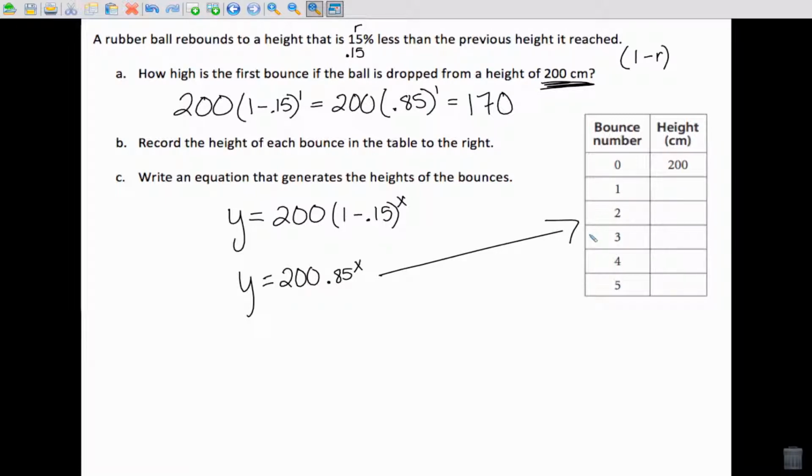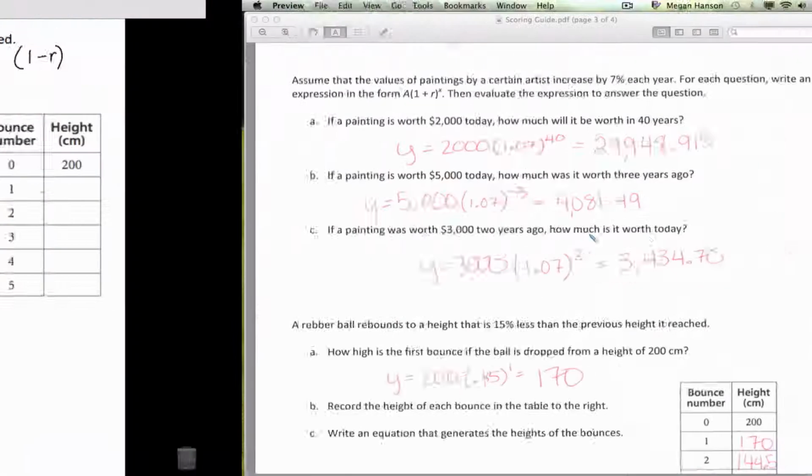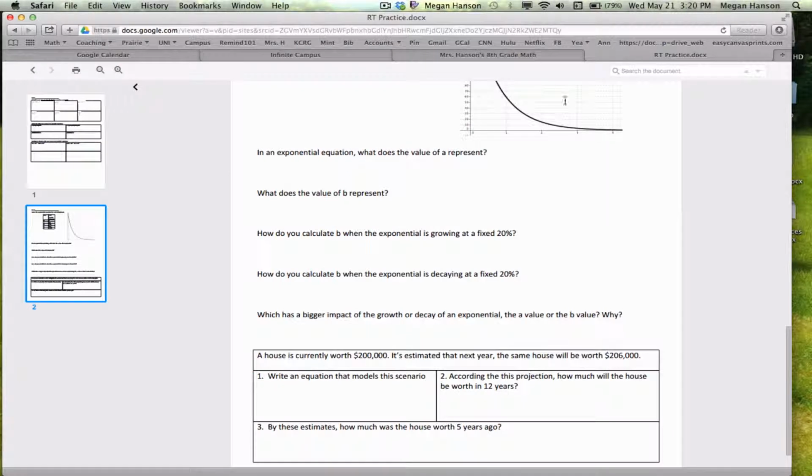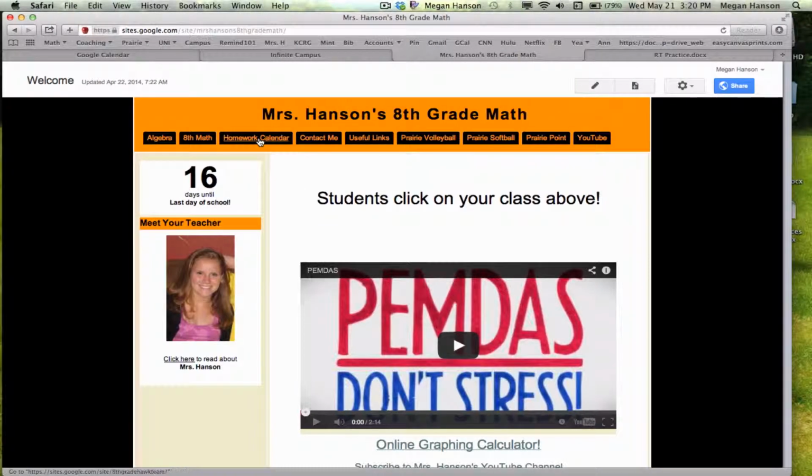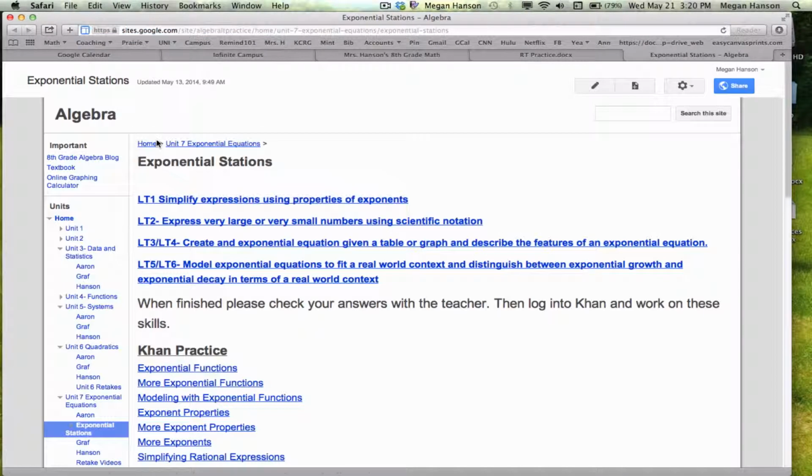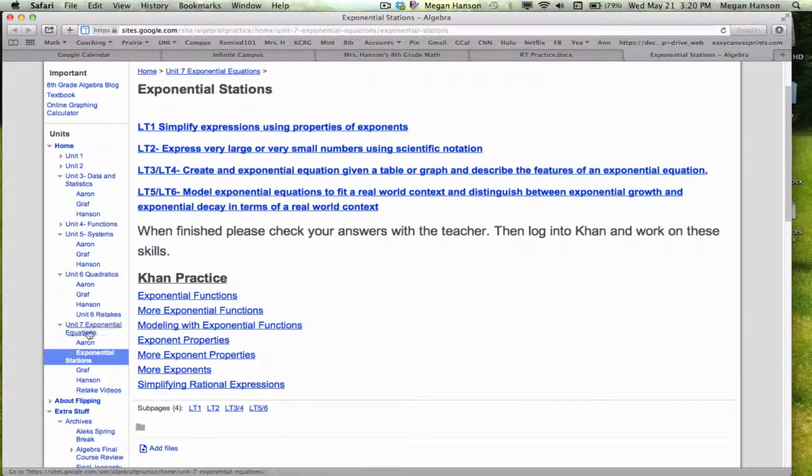So whether you are just watching for LT5 or you having to retake LT3 and LT5, now you have some work to do after you've watched me correct the test and give some clarifying questions here. On the algebra website, you need to go to the side, exponential equations, to the retake video.